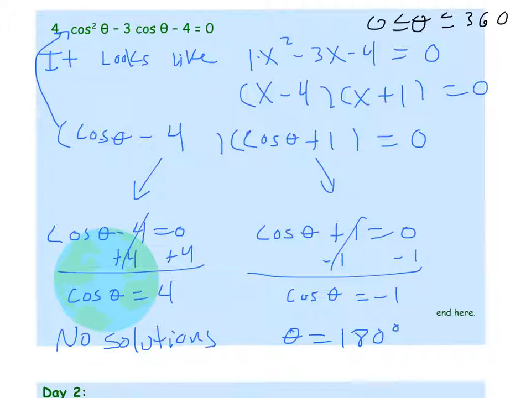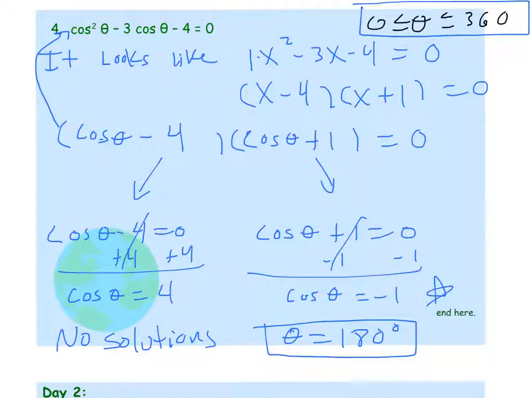Typically, when we have a trig equation like this, we get two solutions off of the unit circle. Because we're all the way over on the left side, 180 degrees is actually the only angle on the unit circle that has a cosine value of negative 1. That's the only solution from 0 to 360.